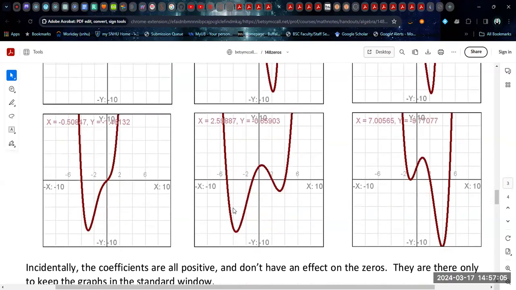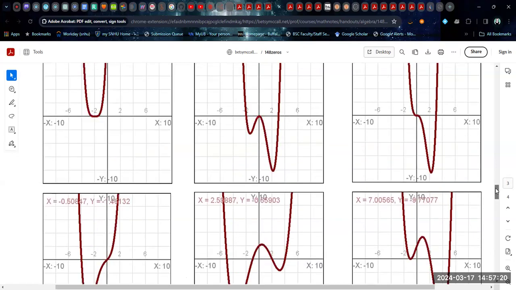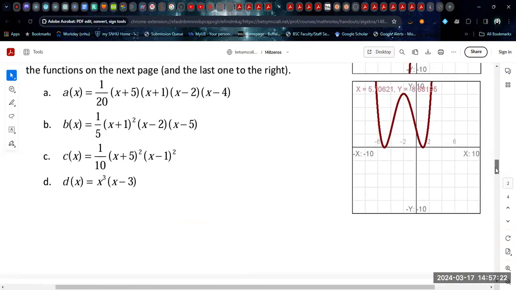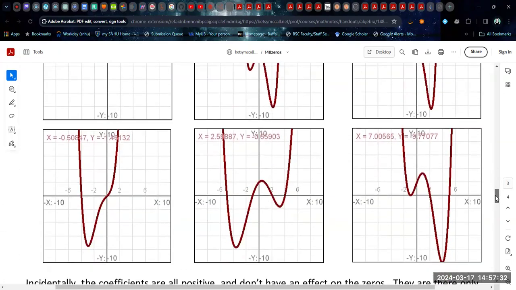If we look at this one, these are 4 linear factors, 4 zeros. We've got one, it looks like at 5, one at -1, one at 2, and one again at 4. Again, all these just go straight through the graph, so they're all linear. So if we go back, that would be this one up here. And these coefficients out front, they're just to keep the graph from blowing up and being really super large.